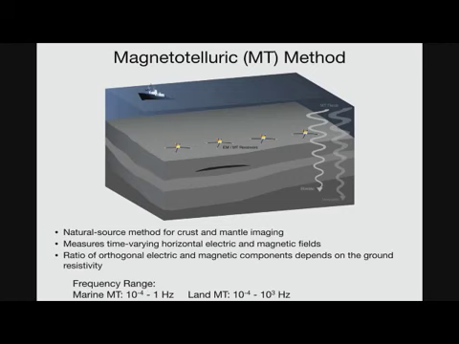And so this gives you a huge range of depth sensitivity from the near surface down to the deep crust and mantle. We measure these time-varying horizontal electric and magnetic fields at the surface, and basically the ratio of orthogonal components, so perpendicular components of the electric and magnetic field, are going to be proportional to the ground conductivity.